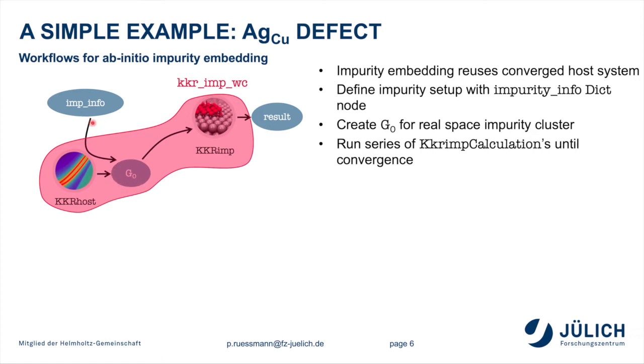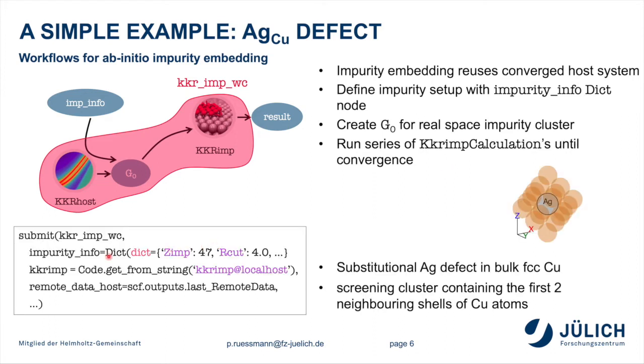And this gets information from this impurity info dictionary node that contains the information on the position, etc. of the impurity that we want to run. And then also here in this step of the impurity calculation, we run a series of KKR imp calculations to finally reach convergence in a robust way. So this looks very similar, submitting such a job.